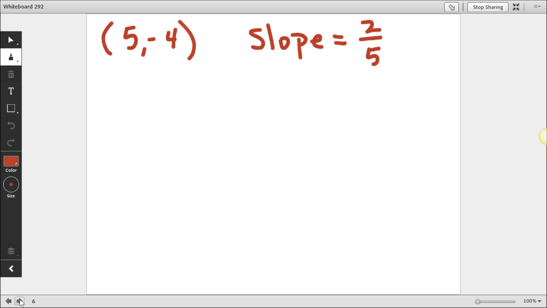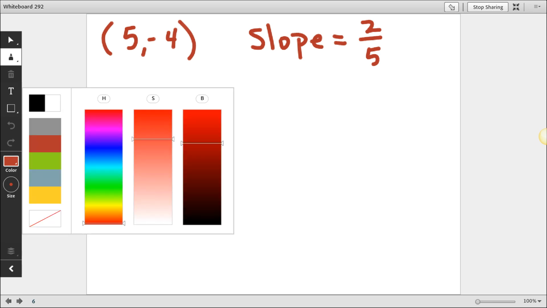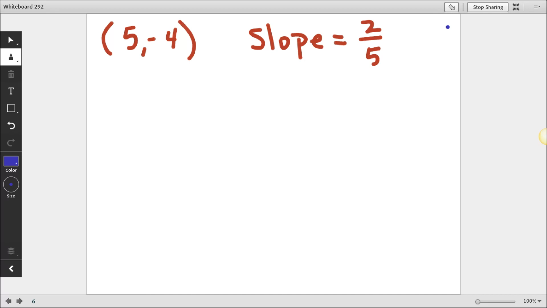All right, last example. I just wanted to do one with a fraction. You know, we're going to have some lessons where you have to write the equation, but you're going to have a slope that's a fraction. So let's look at this one. Start off the same way, point slope form, y minus y1. And you notice how I'm writing the equation out every time.